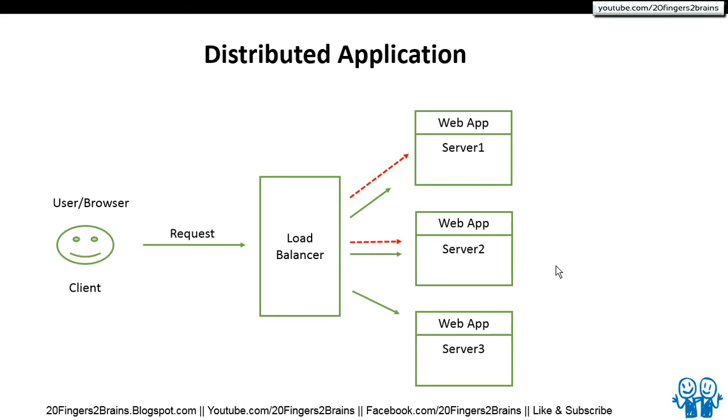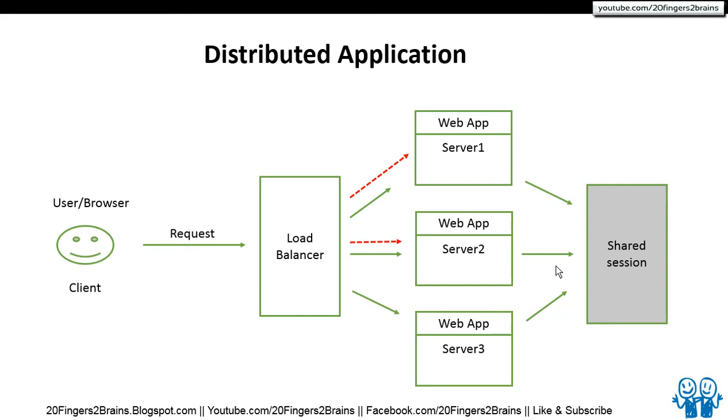This scenario can be improved by having a common server which holds your shared session. Whenever your request goes to a particular server, your session is created on a shared server, and on every subsequent request, a lookup or query is sent to the shared session, your session information is given to the web server, and then your request is processed.